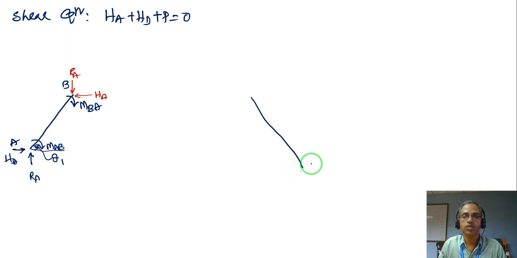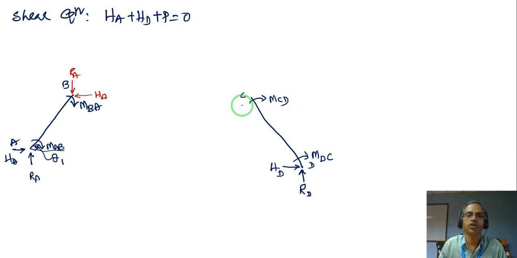Similarly, let us take the other leg as well, something like this. This is point D and this is point C. This also has a vertical reaction RD and a horizontal reaction HD, and this joint will have a moment MDC. Here we will also have a moment MCD.